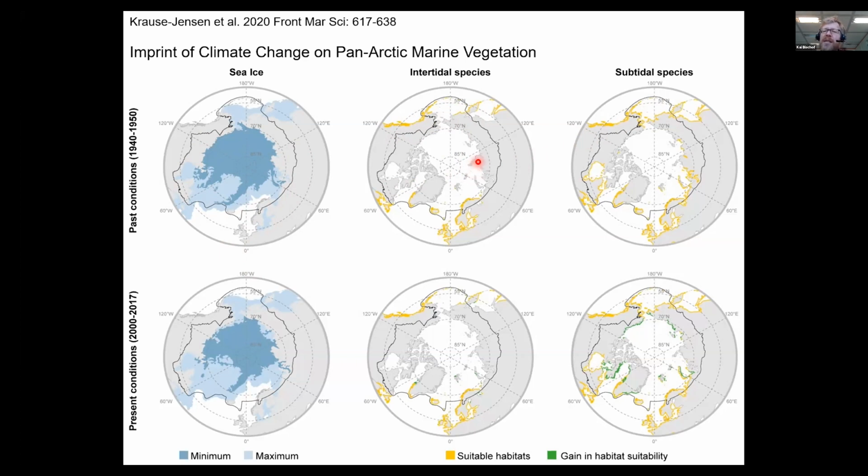At first glance, the differences are minor, but if you look closer, particularly at this graph here in green, you have the gain in habitat suitability for the subtidal species: the areas which could be populated de novo by seaweed in the course of temperature increase. So, newly colonized habitat by seaweed in the Arctic.